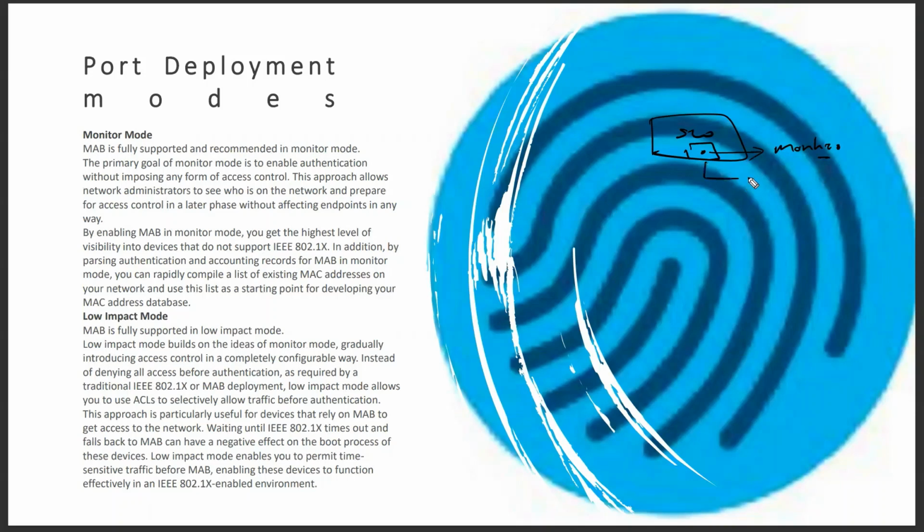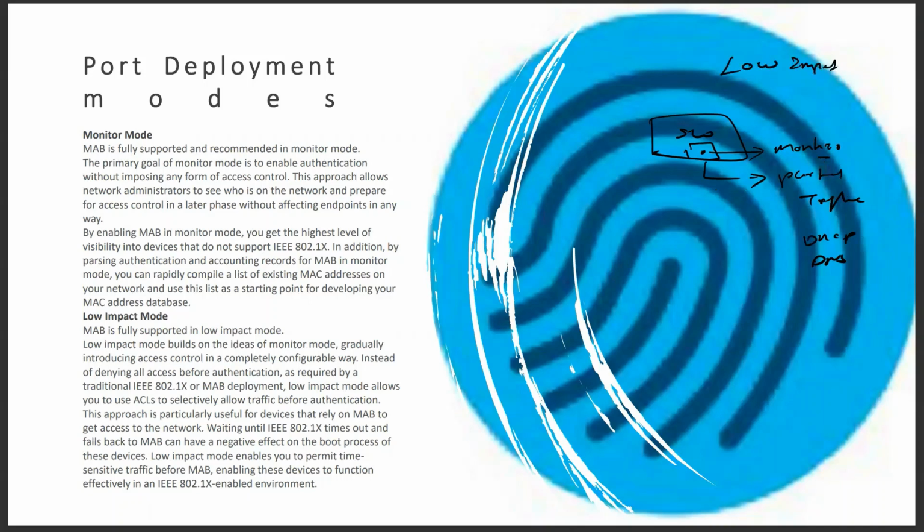Low impact mode allows only partial traffic, which might include DHCP and the DNS server for basic communication, so that the device can get authenticated and get an IP address.